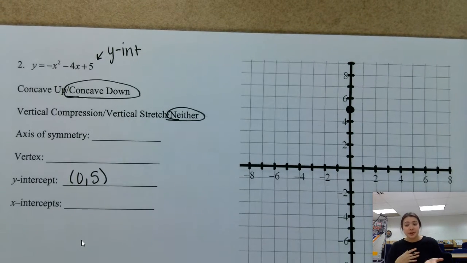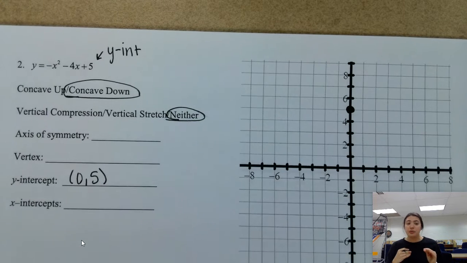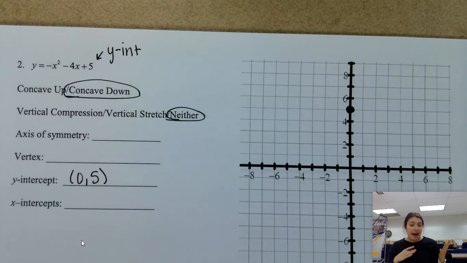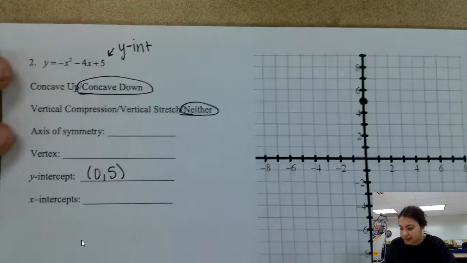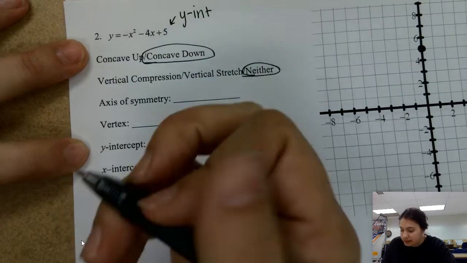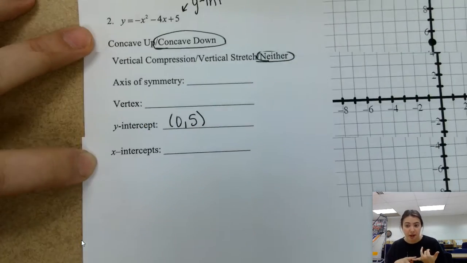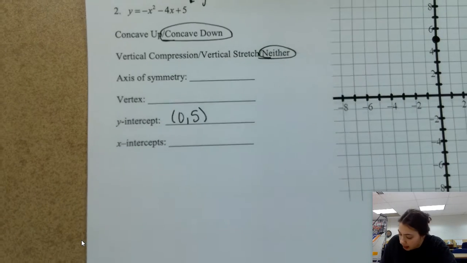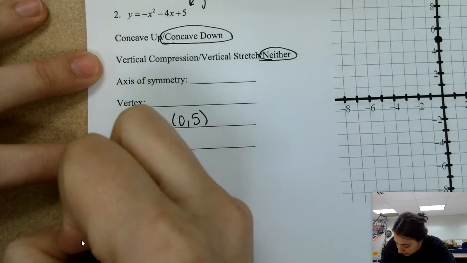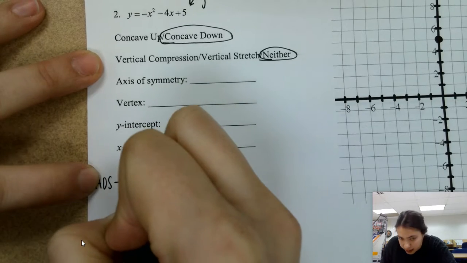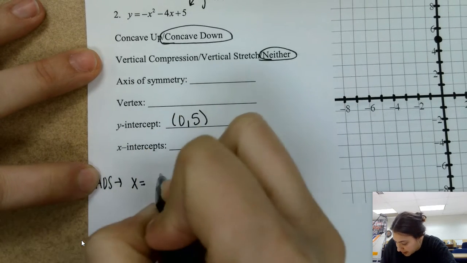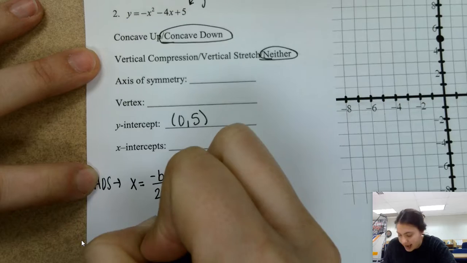Now, it is up to you if you'd like to do your axis of symmetry and then your vertex, or if you'd like to do your x-intercepts and then your axis of symmetry and your vertex. Since we did our x-intercepts first last time, maybe we want to do our axis of symmetry first. So let's take a look at that. For our axis of symmetry, you'll need a b value and your a value, because our axis of symmetry is the equation of the line where x equals the opposite of b over 2 times a.